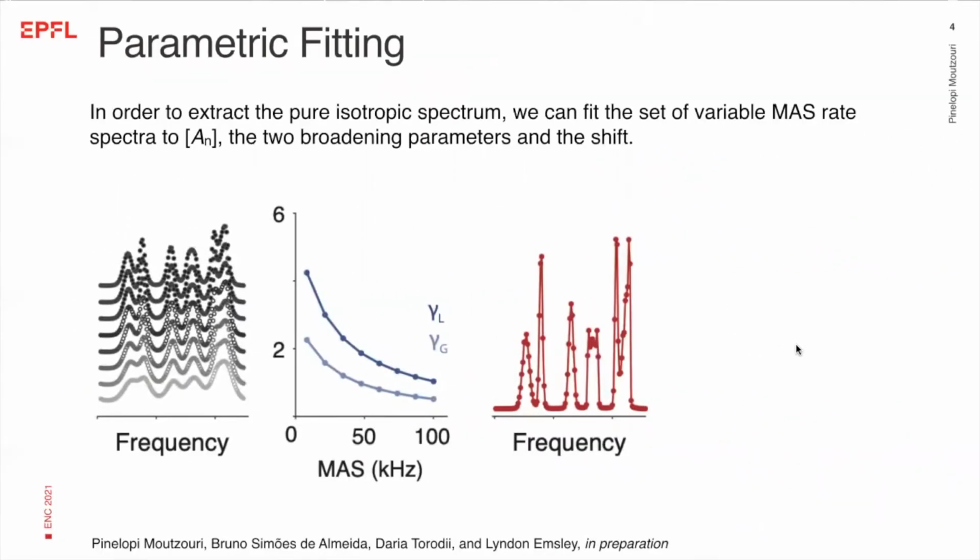In order to extract the pure isotropic spectrum from a dataset like that, we can fit this set of variable MAS rate spectra to the isotropic amplitude, the two broadening parameters, and the shift. Here, the fit performed on the synthetic data shown before accurately reproduces the original input function.